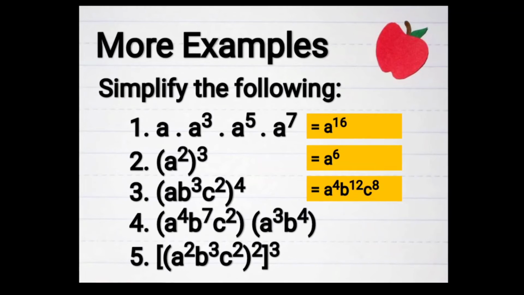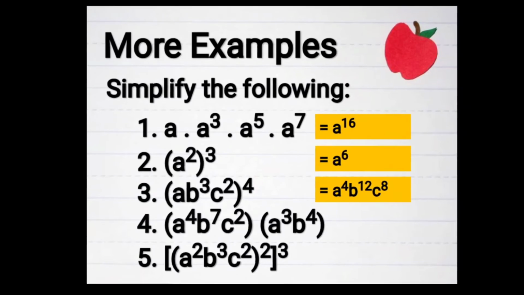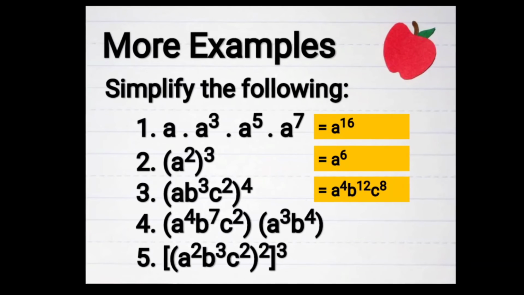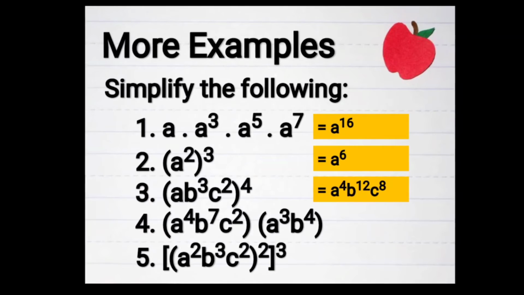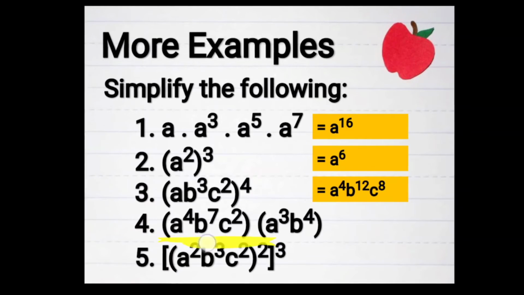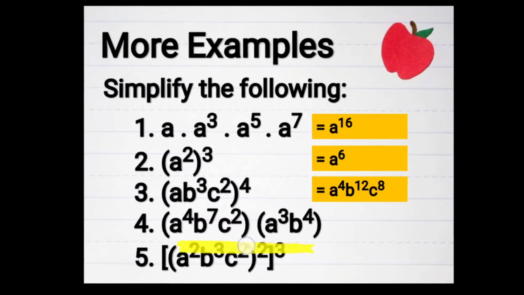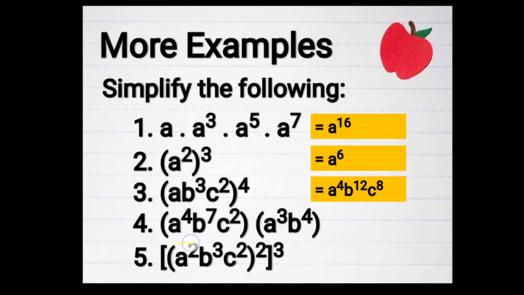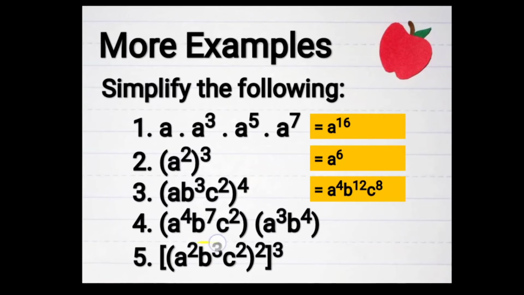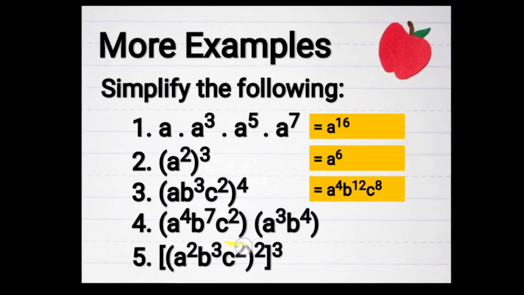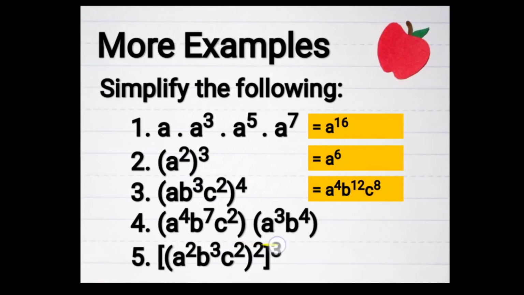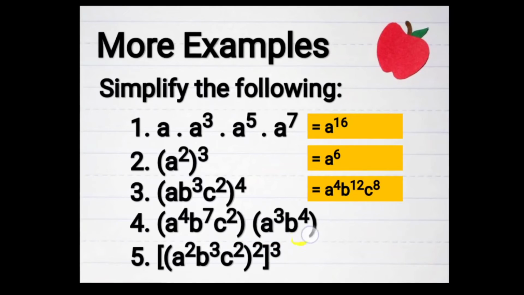Then, for number 4, in this case, we can apply the first law. Okay? Because if we read this given, we have a to the 4th power times b to the 7th power times c to the second power times a cubed times b to the 4th power.